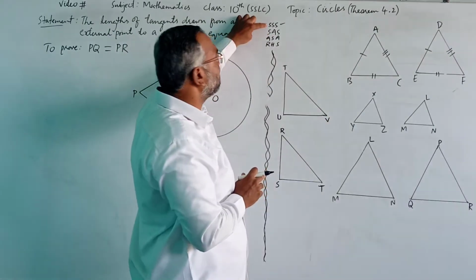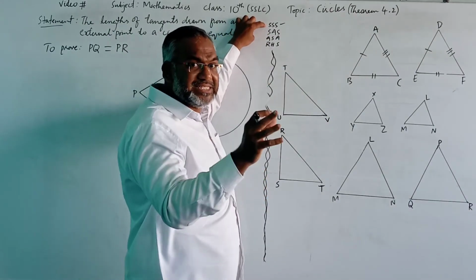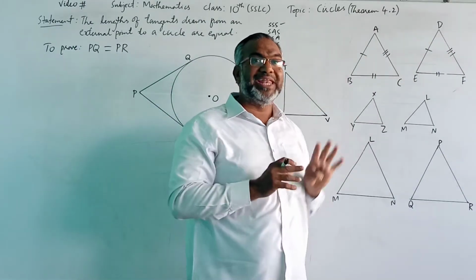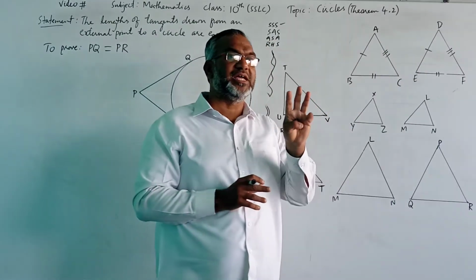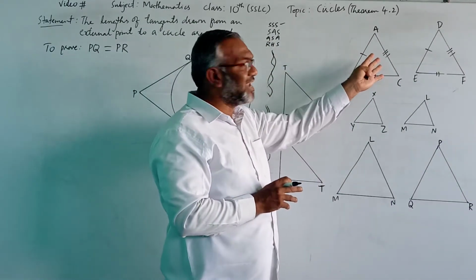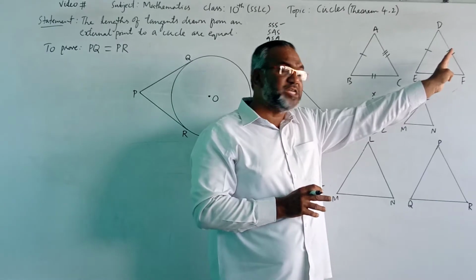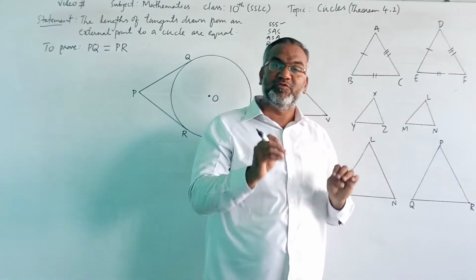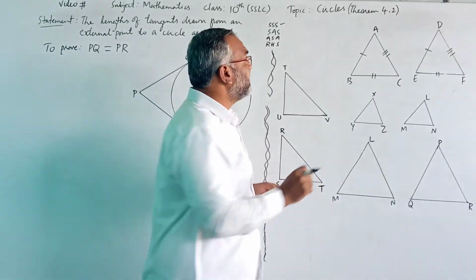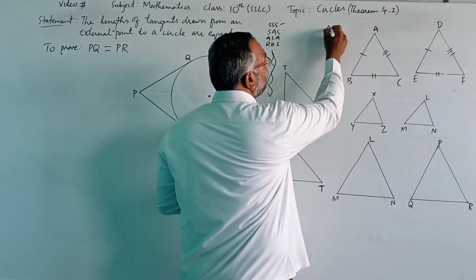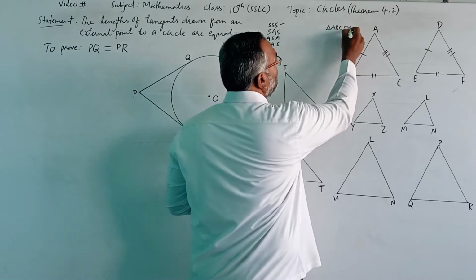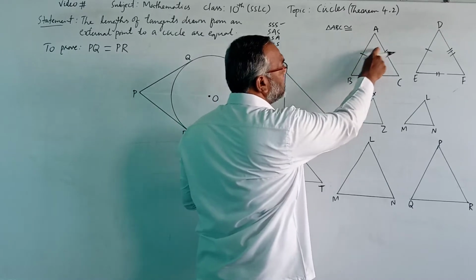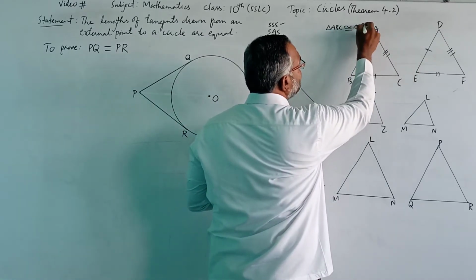If this SSS condition is satisfied, that is, all three sides of one triangle are equal to the corresponding sides of the other triangle, then the two triangles will definitely be congruent. We can say that triangle ABC is congruent to, this is the symbol of congruent, triangle DEF.